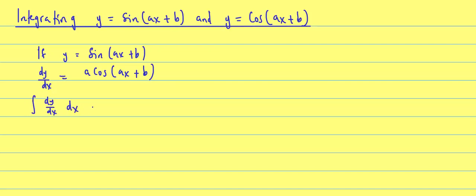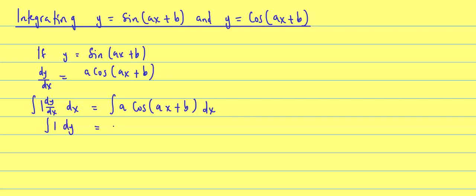with respect to x it must be equal to the integral of a cos ax plus b with respect to x. The coefficient of this quotient here is equal to 1, and the integral of this left hand side is essentially just equal to the integral of 1 with respect to y.